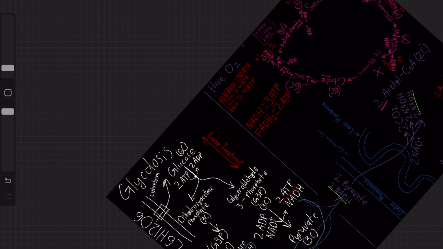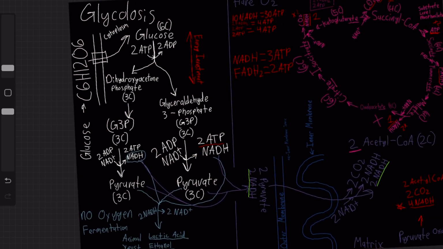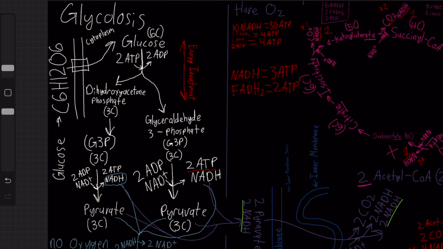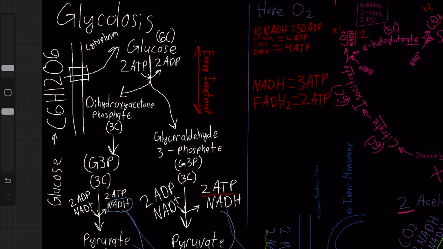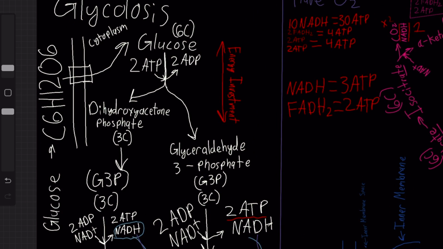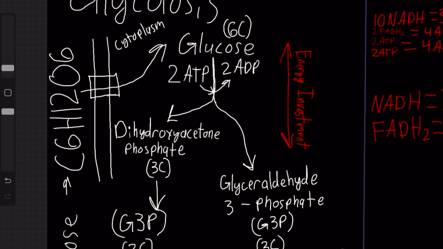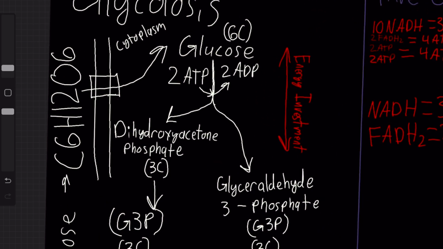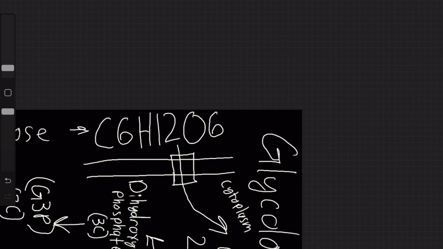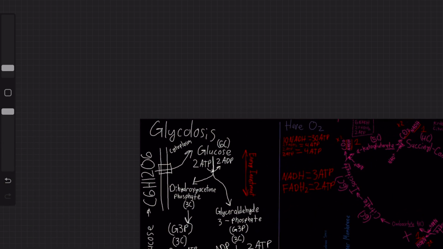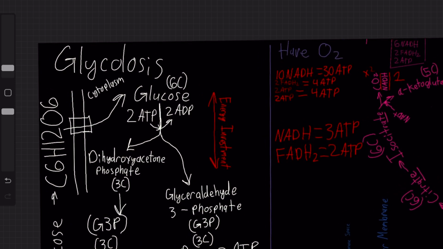Starting here with glycolysis. Glycolysis is the breaking down of glucose, which is C6H12O6.